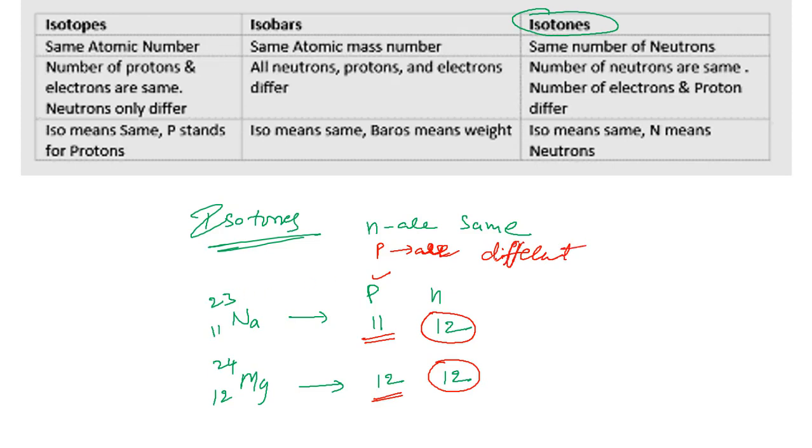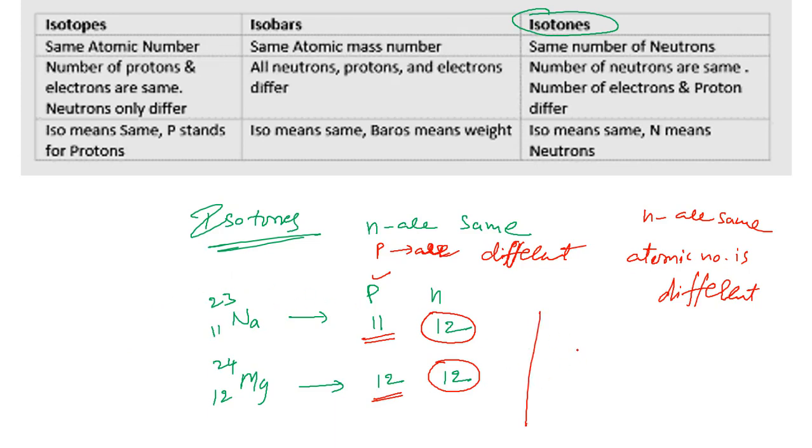We can say, instead of protons, here atomic number is different. Number of neutrons are the same. Okay, got it? One more example.